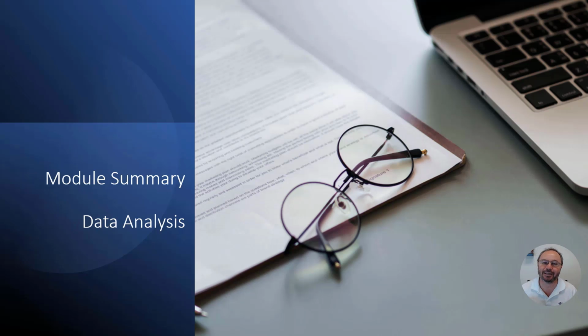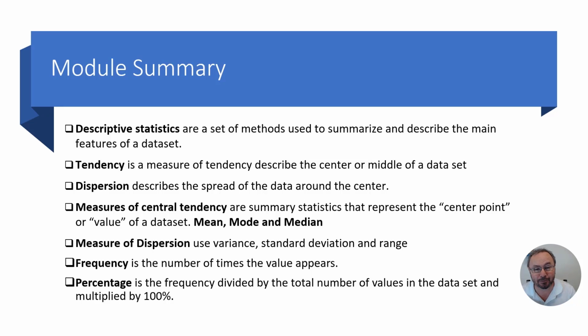Module summary. Let's go through a short review of what we covered in the module. We talked about descriptive statistics, and we understand that this is a method we could use to summarize, describe the features of specific data sets. We also learned about tendency and dispersion, and we learned about how we would use them in our data analysis processes, workflows, etc. We also talked about what measures of central tendency is. So it's a way we could basically provide summary statistics that represent a center point.